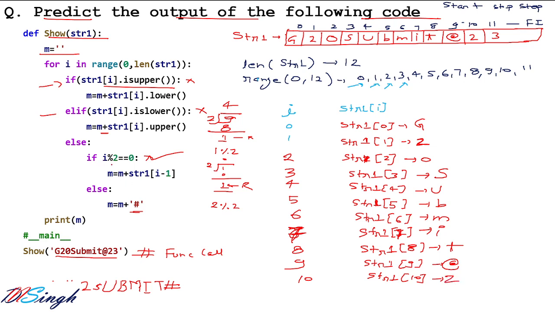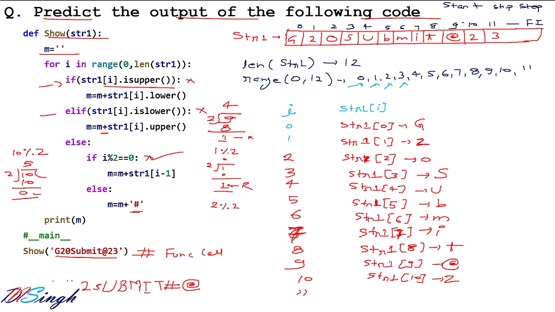In the else part, index value 10 mod 2 will result in 0, because if you divide 10 by 2, it goes 5 times and the remainder is 0. So what is at the I minus 1th place? That will be concatenated. 10 minus 1 will be 9. At the ninth place you have at the rate. So at the rate will be concatenated into the string.